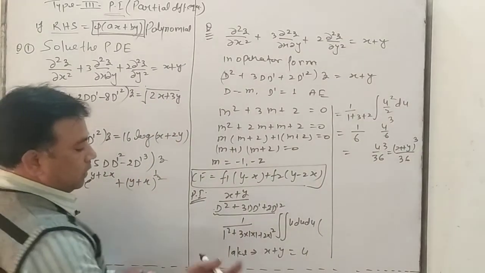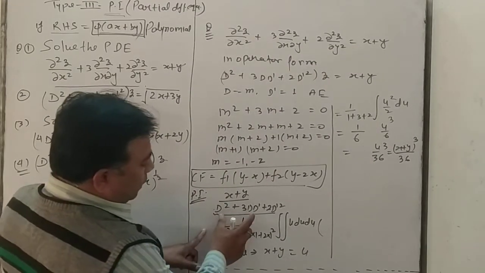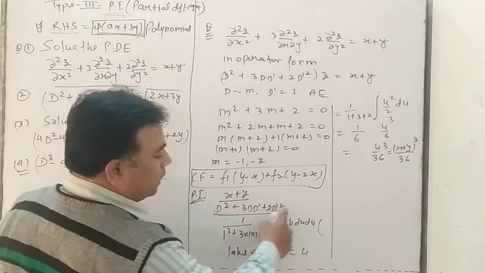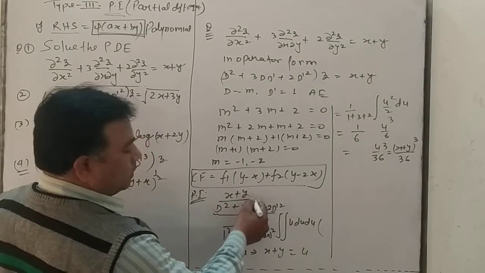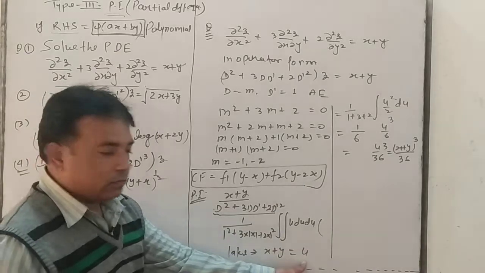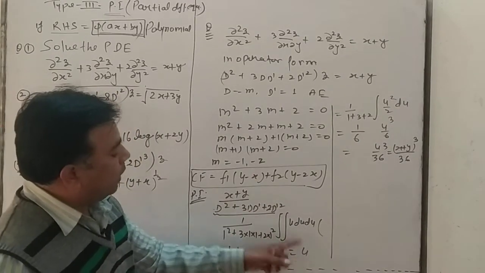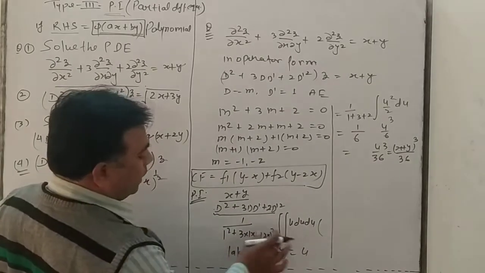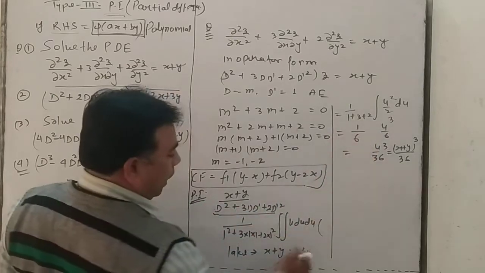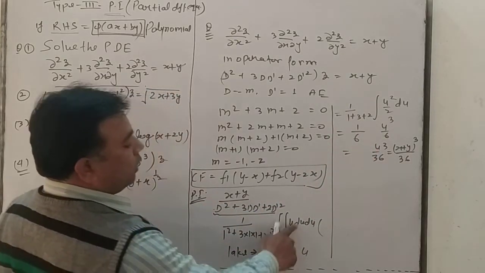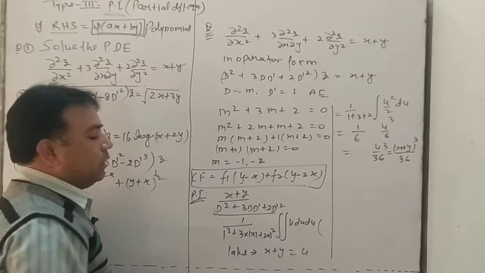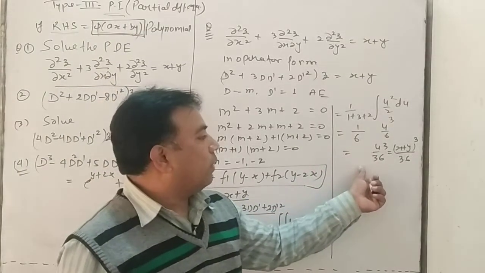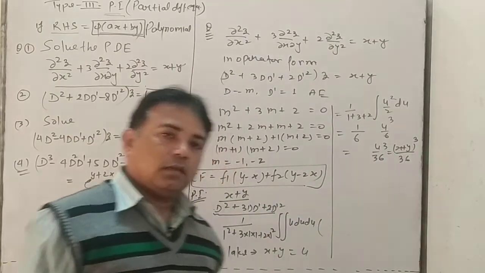Let me repeat this method. Check the order of the differential equation, here second order. Take the double integration and let the polynomial be another variable u. Put it in place and integrate du du, after solving the denominator. First integrate with respect to u to get u square by 2, then integrate again to get u cube by 6, then put x plus y in place of u.